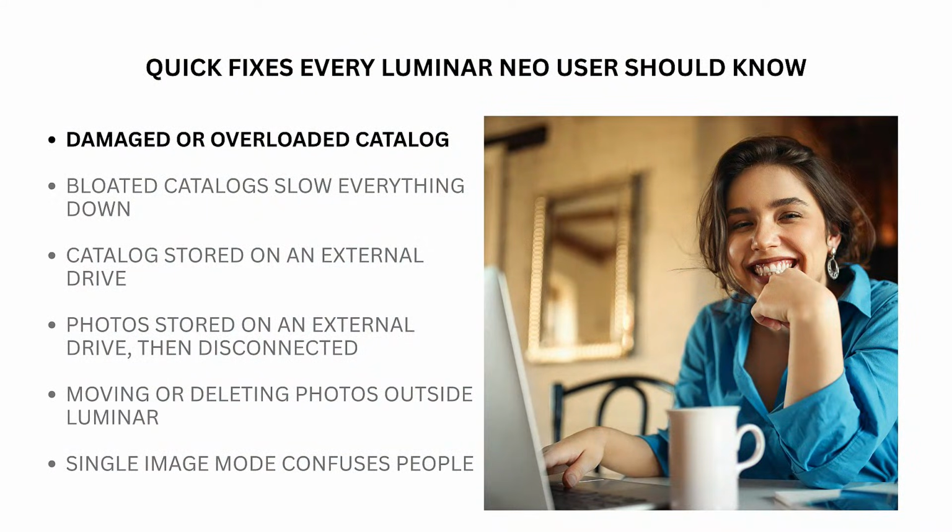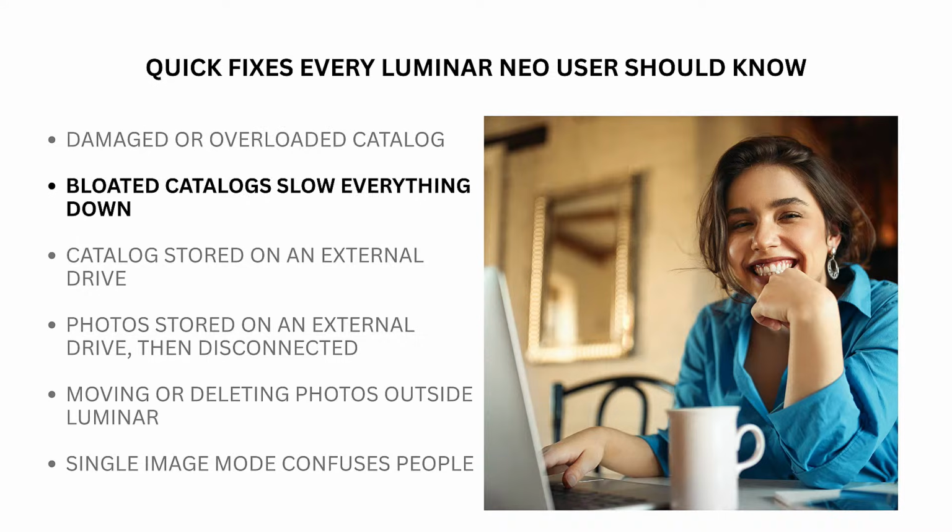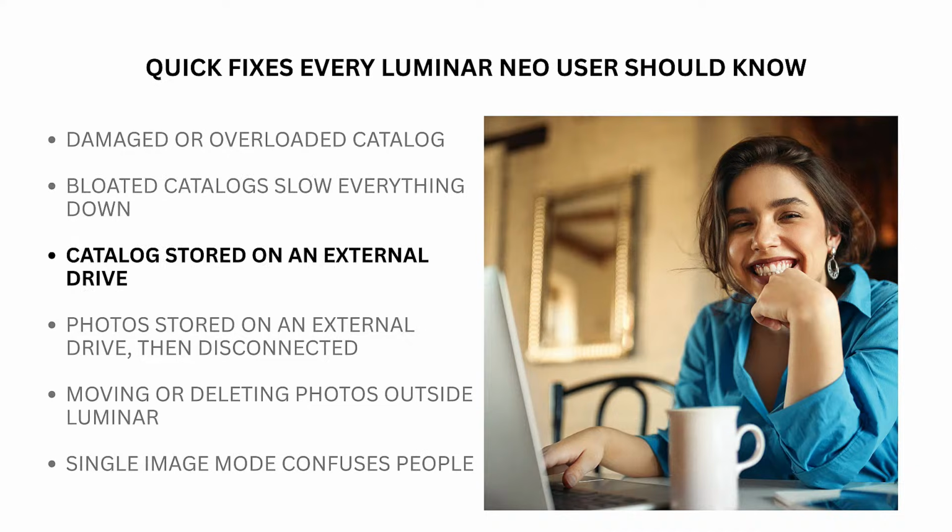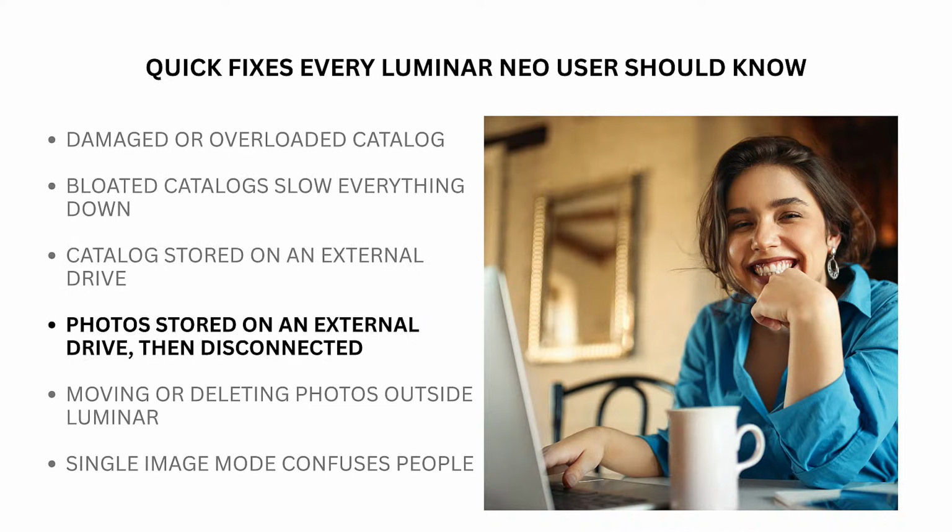These are the top 5 that I came up with, and again, there's more, I'm sure. The first one is damaged or overloaded catalogs. Overloaded catalogs slow everything down, which we'll review. Then catalogs stored on an external drive. Photos stored on an external drive, but then you disconnect the drive.